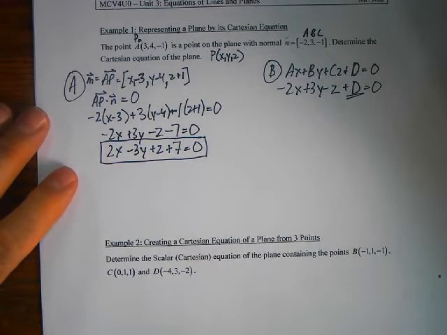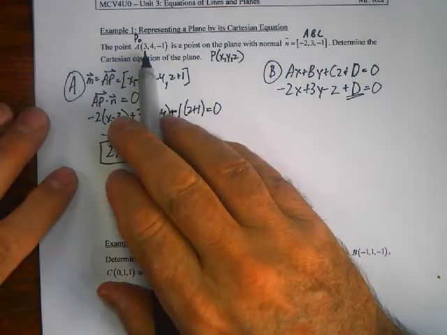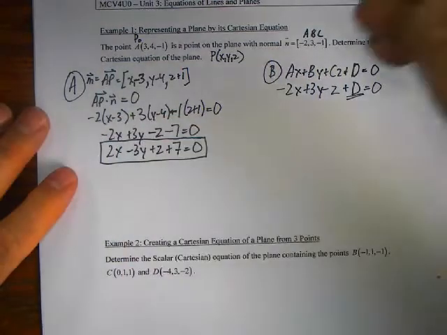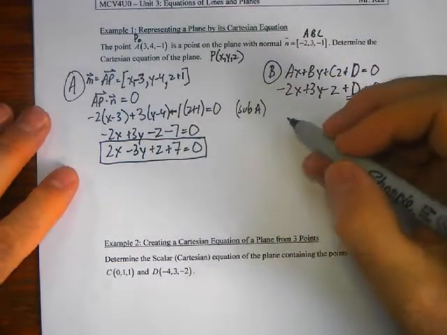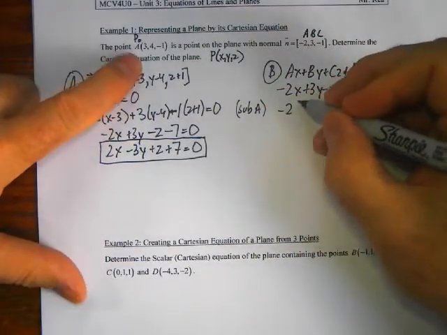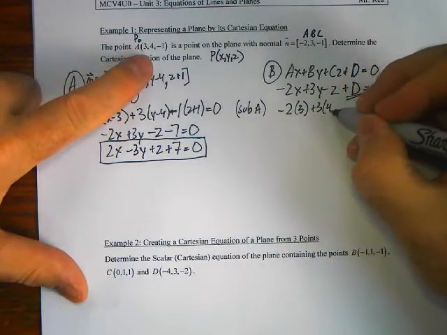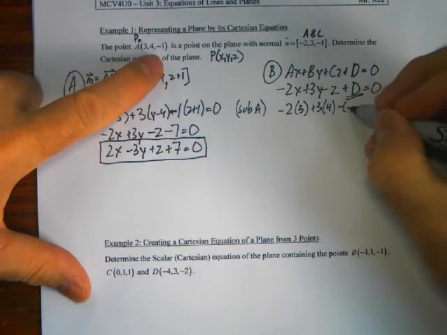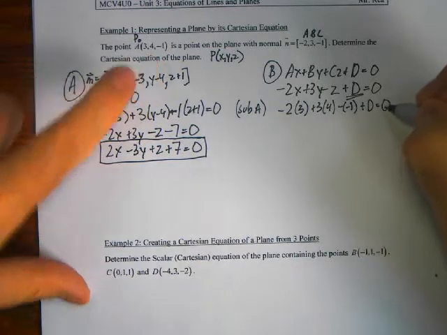So how do we get that? Well, this should remind you back to your days in grade 9 and 10. We're going to basically plug in this point a. So I'll substitute a, and so I get negative 2 times 3 plus 3 times 4 minus negative 1, so negative 1 plus d equals 0.